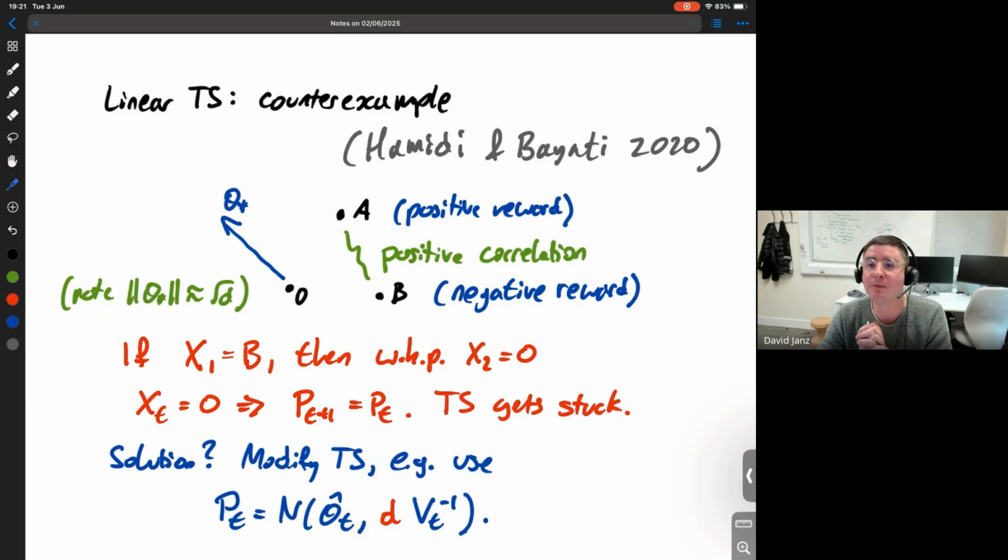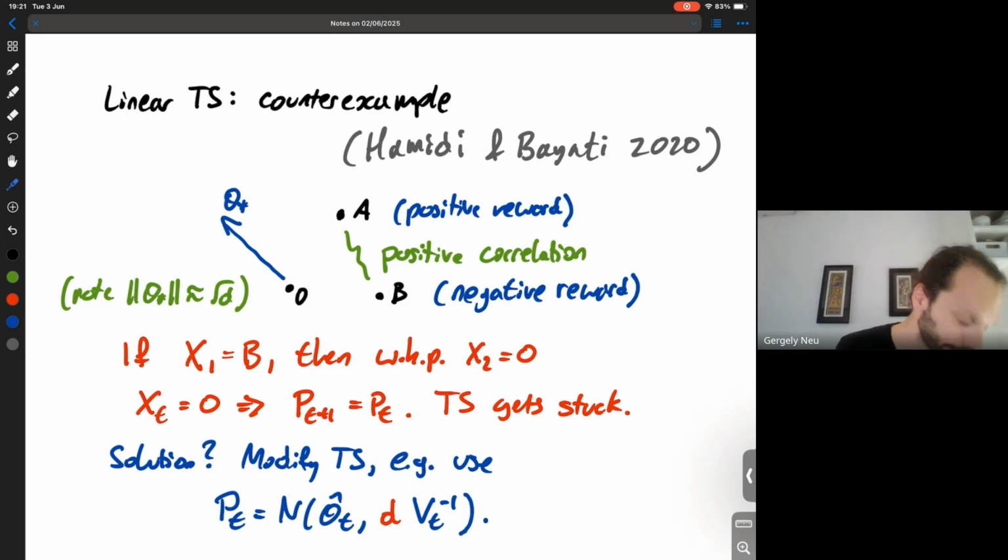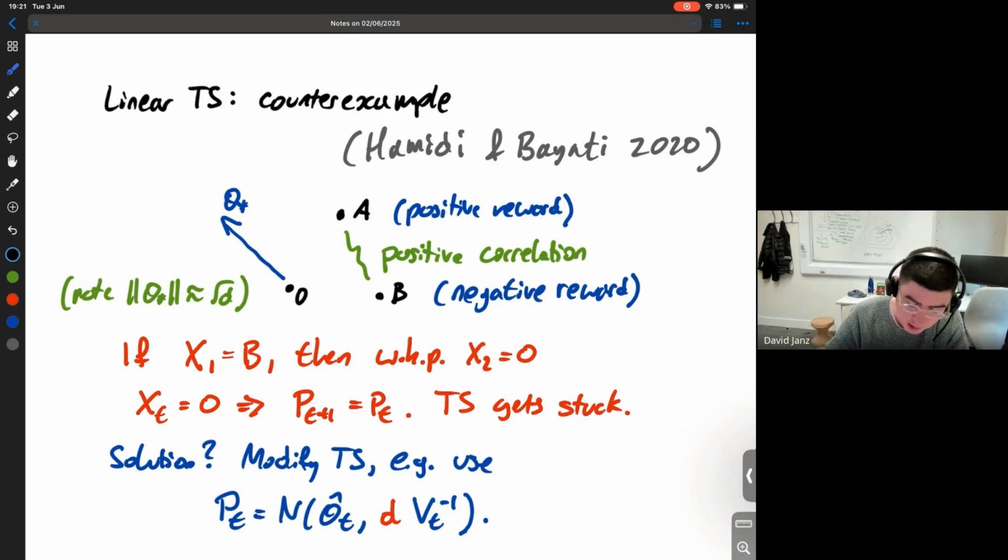Yeah, I think I understand the argument, except for what you mean by this positive correlation. Is this something that's encoded in the likelihood? Well, it's linear, so what I mean is that this angle here is less than 90 degrees. Okay.